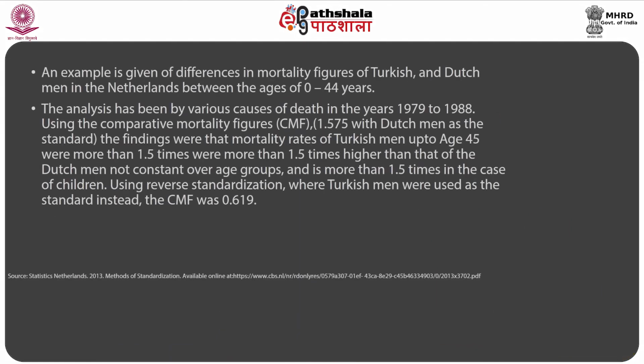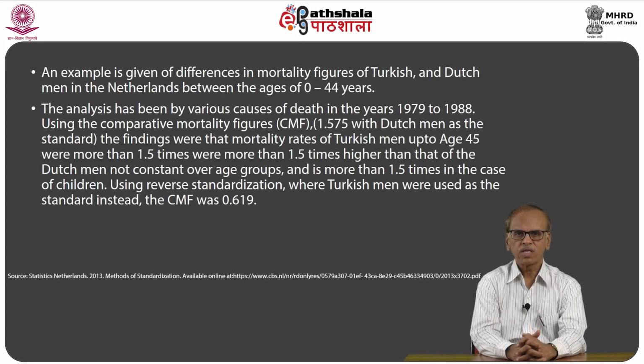Example. An example is given of difference in mortality figures of Turkish and Dutch men in the Netherlands between the ages of 0 to 44 years. The analysis has been by various causes of death in the years 1979 to 1988.